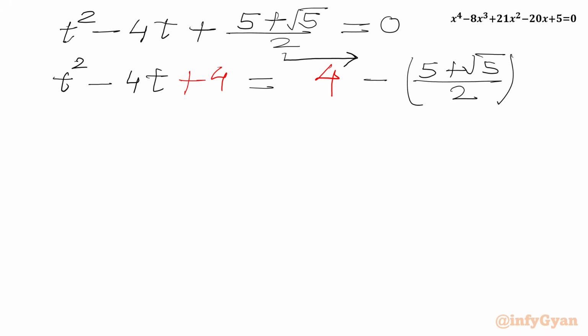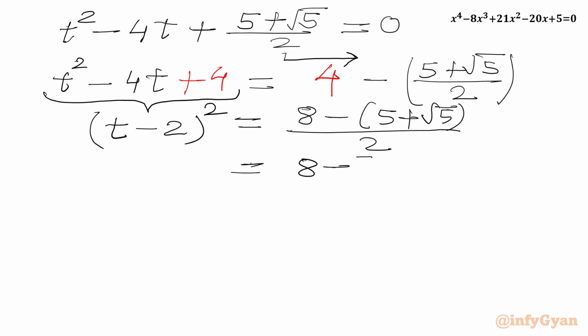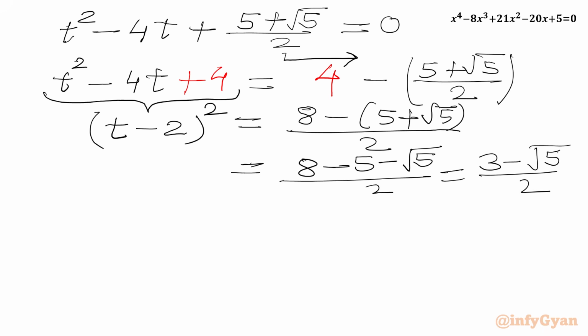Now our LHS will give us the perfect square of t minus 2. And in the RHS, we will take LCM. So I can write here 8 minus (5 plus root 5) over 2, which will be equal to (8 minus 5 minus root 5) over 2, which is (3 minus root 5) over 2.